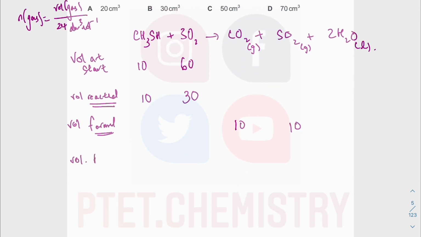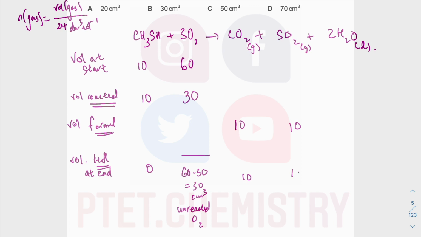So the volume left at the end. What do you have at the end? You started with 60, you only reacted 30 because the oxygen was in excess, right? Only 1 mole reacts with 3 moles, 10 cm cube reacts with 30 cm cube. You have 60 minus 30, so you are left with 30 cm cube of unreacted O2.